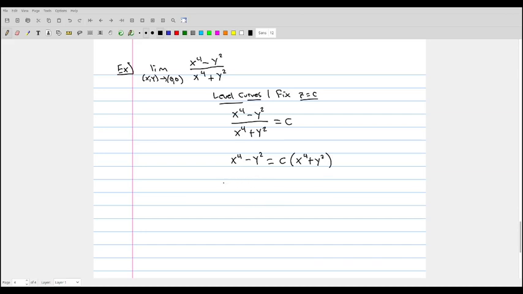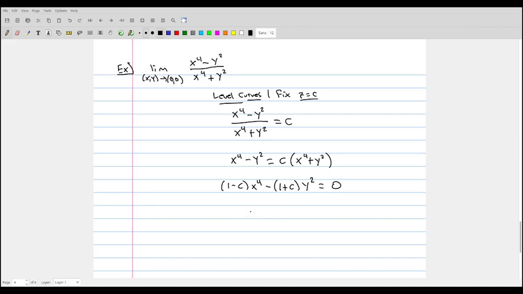Rewriting a little bit, by subtracting c x to the fourth, 1 minus c times x to the fourth minus 1 plus c times y squared is equal to 0.